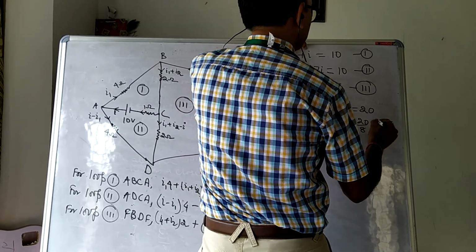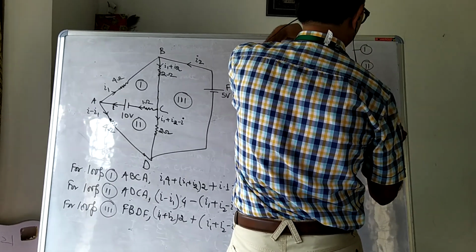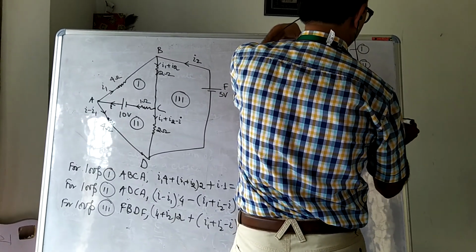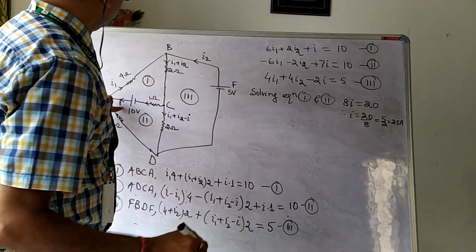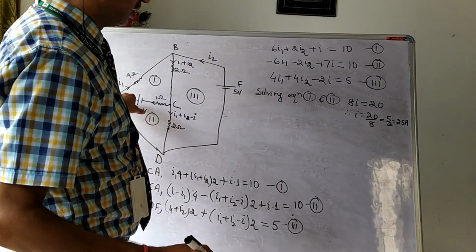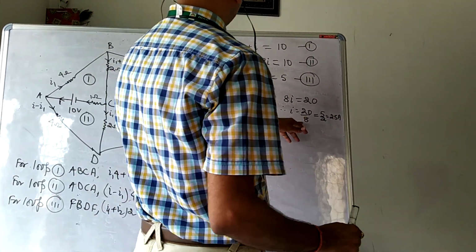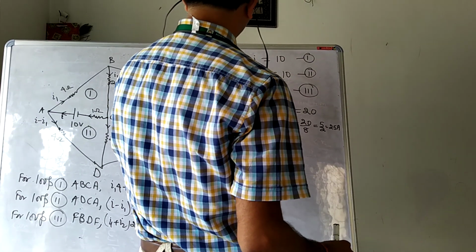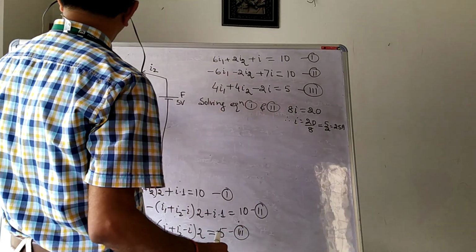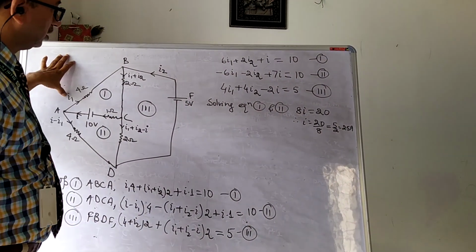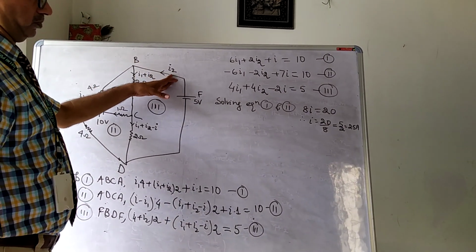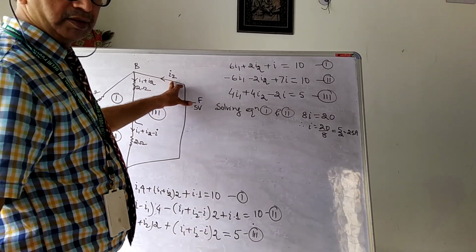So this will be 5 by 2, that is 2.5 ampere. So the current coming out from here is 2.5. And then we can solve the other equations also. We can find out the value of I1 and the value of I2.